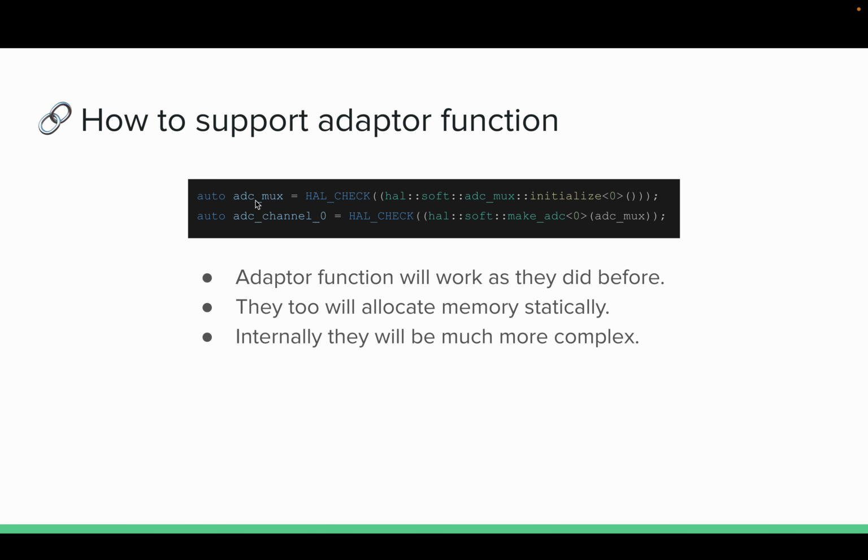That basically allows it to act freely and statically allocate itself in its own specific way, ensuring uniqueness and separation between all of the different channels. It took a bit of time to figure out, but eventually I figured it out. But for the most part, as a user, you'll just use it like you did before. Just simply make ADC, whatever parameters you need to make that thing work, and then you're good to go. They too will allocate memory statically, but they do get a little more complex.